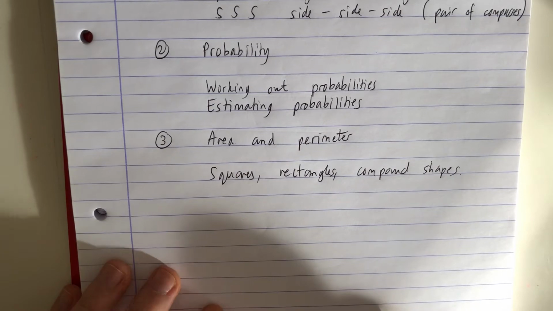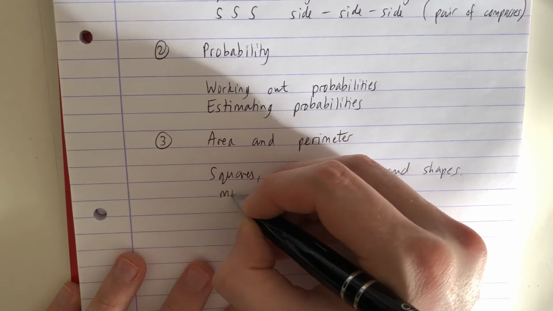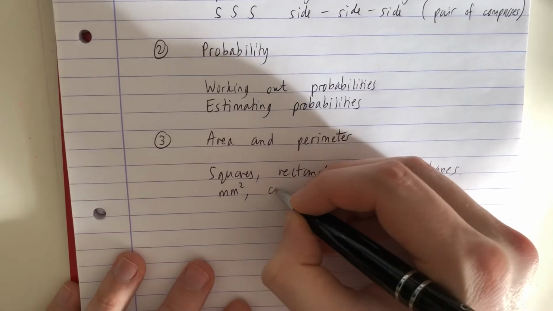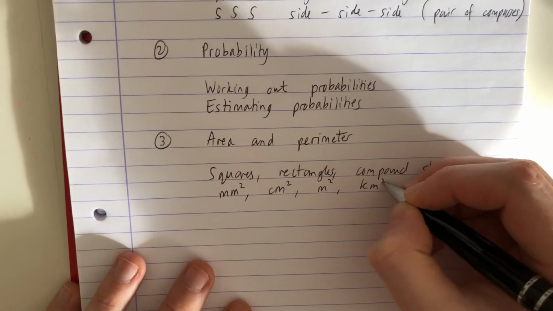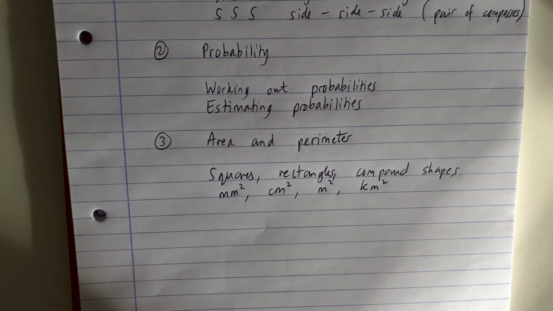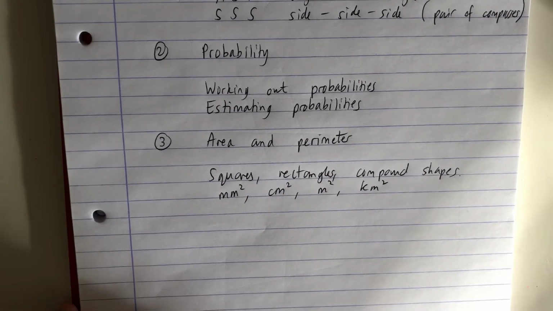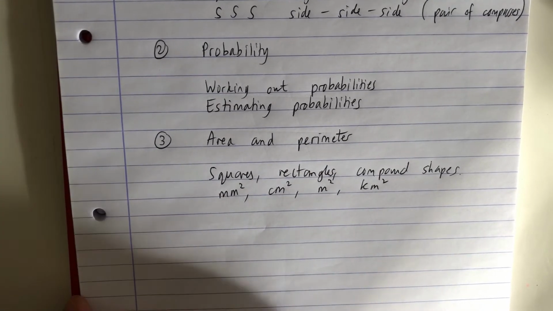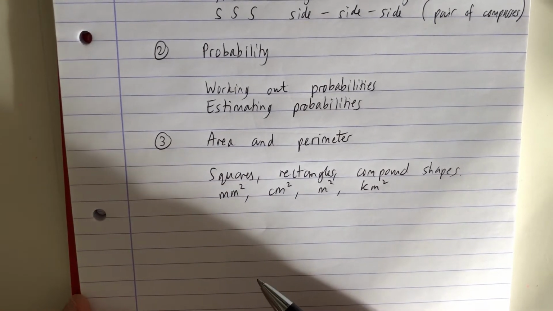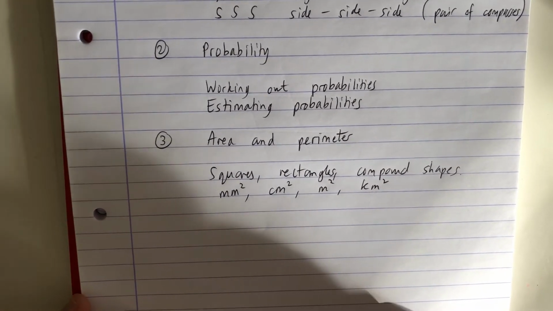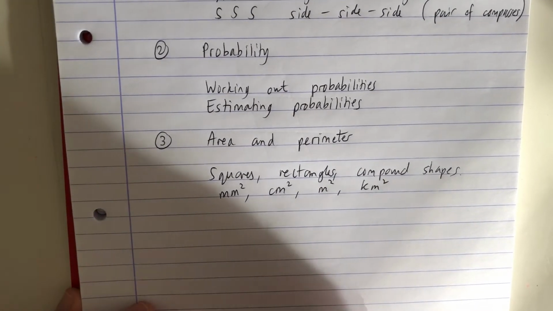There was another thing in this chapter where you had to change between millimeters squared, centimeters squared, meters squared, and kilometers squared. So you'd have to go between them. And the only thing I'll remind you of, you just have to do the conversion twice. So millimeters to centimeters, whatever that conversion is, you do it twice. That's in your books.